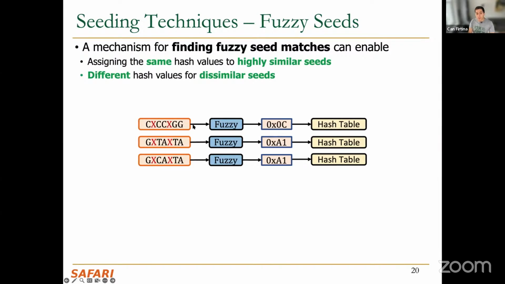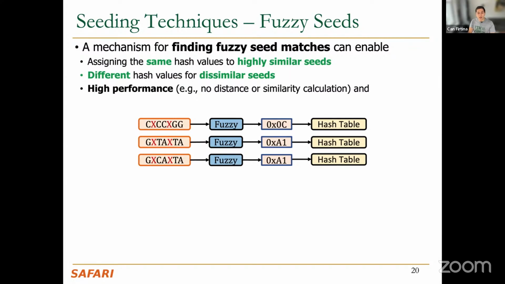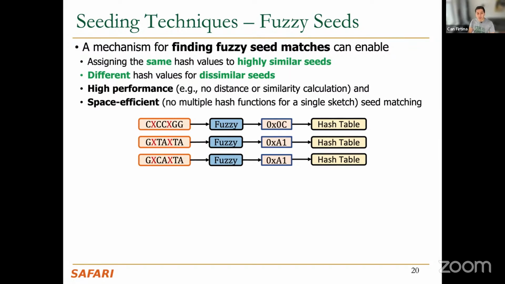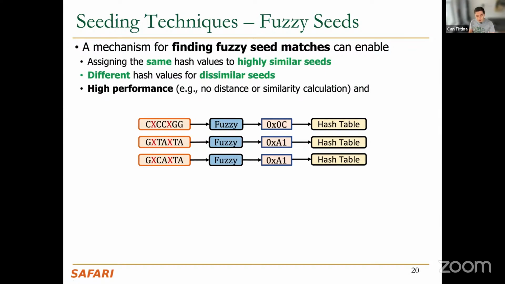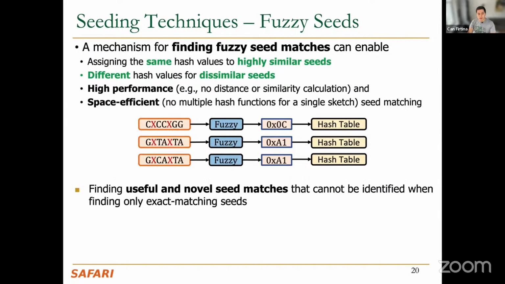And if two seeds are highly dissimilar to each other, such a fuzzy seeding technique should still generate different hash values, so that we don't find matches between highly dissimilar seeds. And of course, such a single hash value lookup can be high performance because we are still using hash values to query the hash table. So this is a single query to the hash table, and also space efficient because we're storing the hash values in a compact hash table and so on.